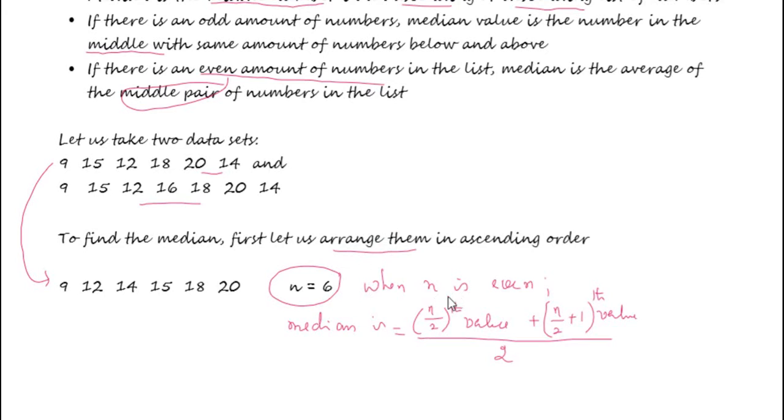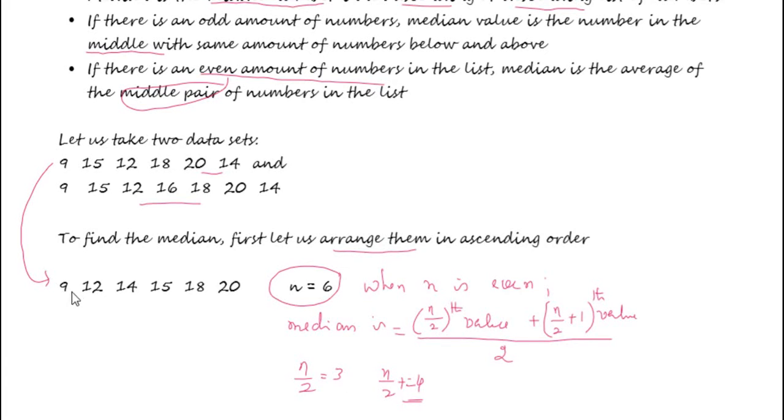When n is even, last year we studied that median is the n by 2th value plus the n by 2 plus 1th value, divided by 2. What does it mean? Here n is equal to 6, so n by 2 equals 3, and n by 2 plus 1 is equal to 4. So it is the average of the third and fourth value.